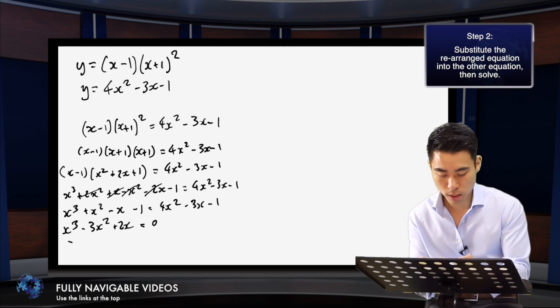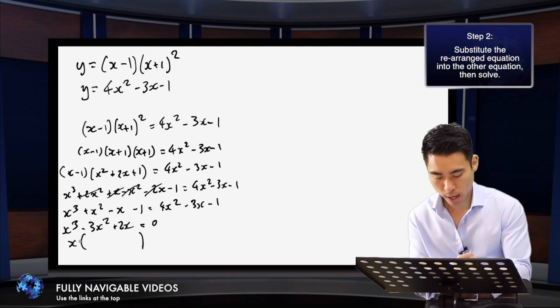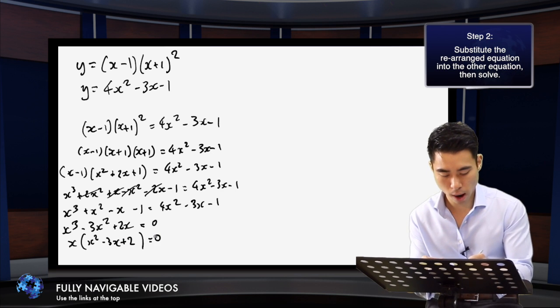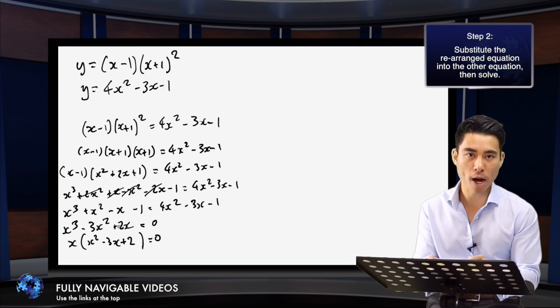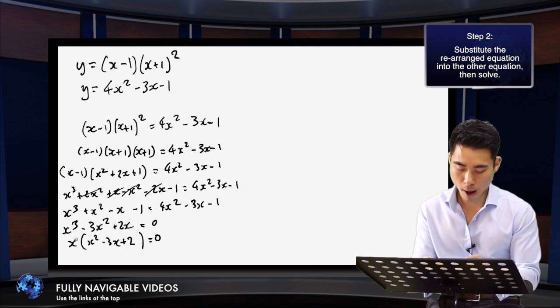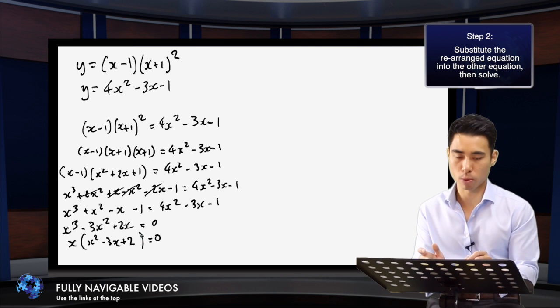So factorizing this, I'm going to take out my common factor of x. Okay, I'm going to have 3 terms inside this bracket. What times by x gives me x cubed, so obviously x squared, minus 3x plus 2 equal to 0. And now, if this was a quadratic, once you get to this step, it would be fully factorized.